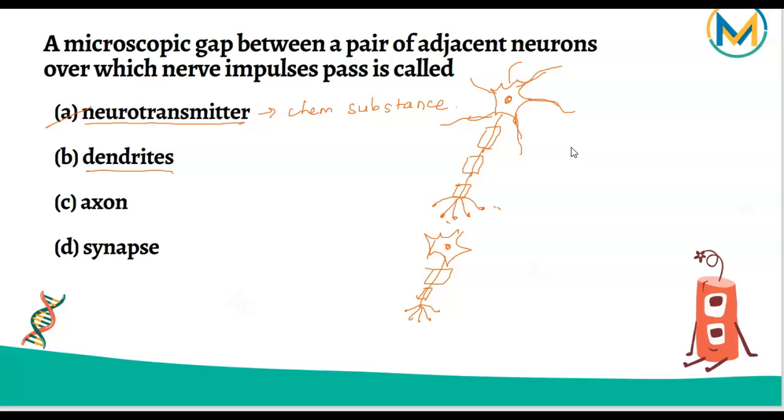They collect the nerve impulses. So that's not the space, so that's also not the answer. Axon, this is the axon. That's also not the answer. And finally, synapse. This gap here is the synapse. That's what they're asking, the microscopic gap. So D, synapse, is the answer.